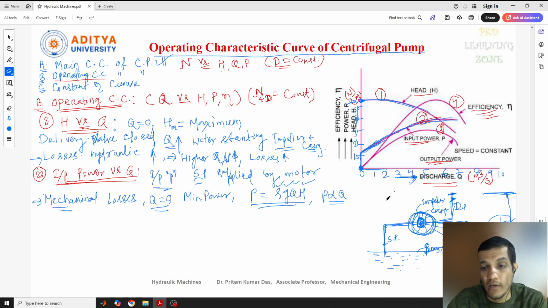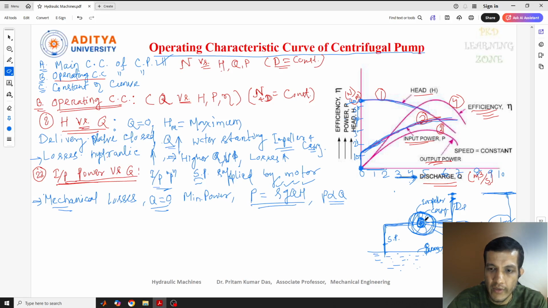Because even when the discharge is completed, our impeller is continuously rotating. I'm talking about the ending condition here; the starting condition I told you also has zero discharge. When the pump has already completed its discharge, that means discharge is zero, but our impeller is still in the running condition.